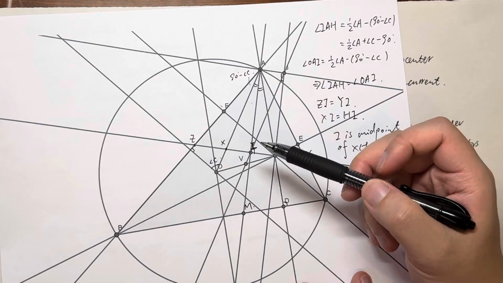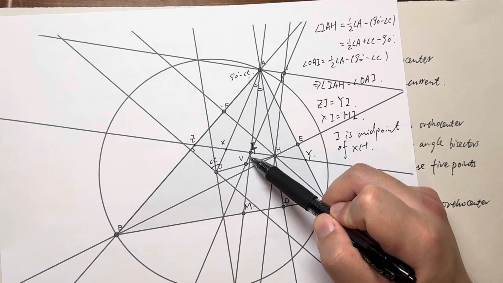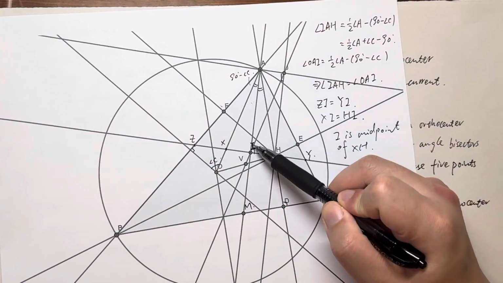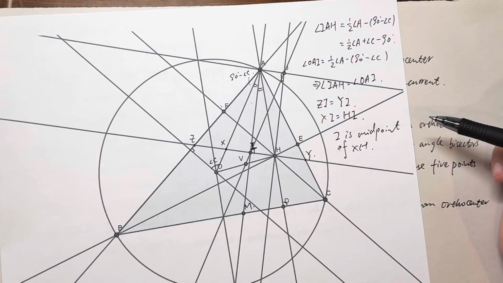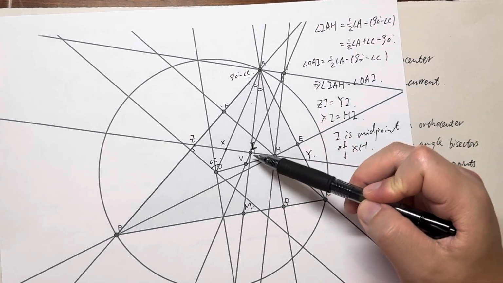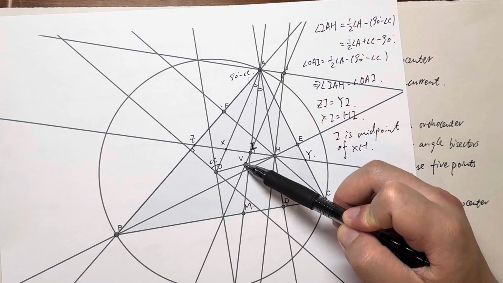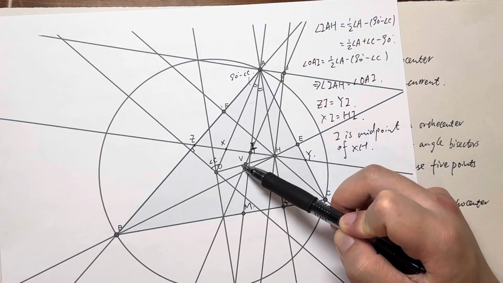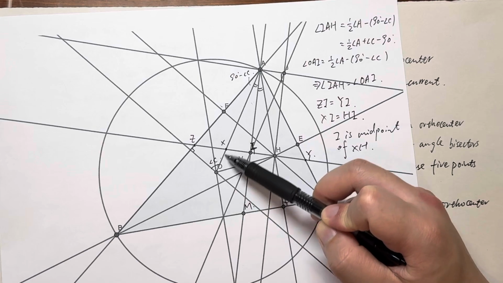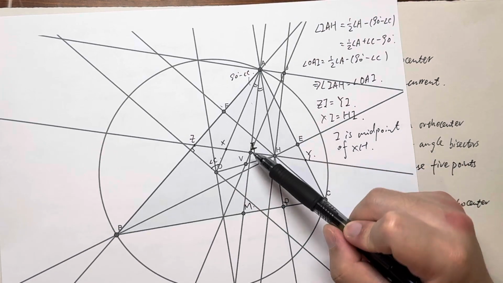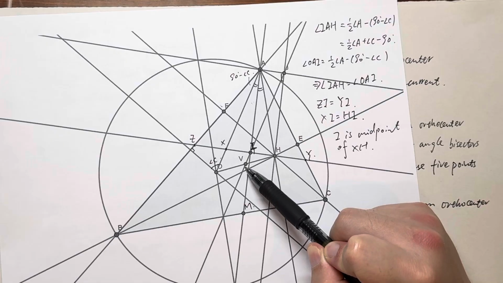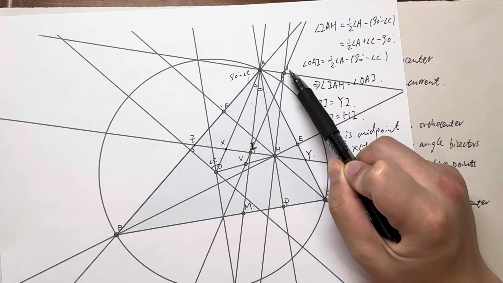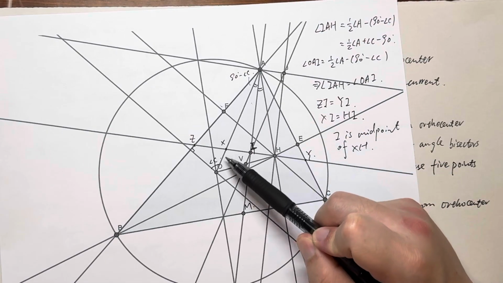Right, remember what we want to do is prove IJ passing through the midpoint of OH. If V is a midpoint of OH, we know IV is in parallel with XO, which means that if we want to prove that IJ is passing through the midpoint of OH, we just need to prove that IJ is in parallel with AO.